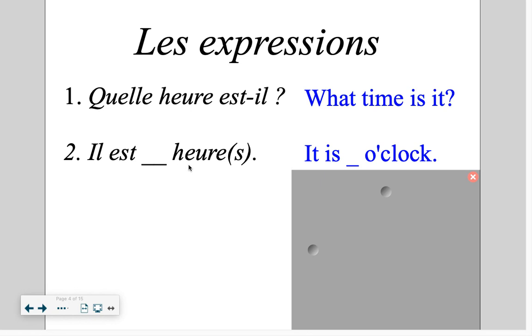Il est blank heure. It is blank o'clock. Notice there are parentheses around the S. This has to do with whether or not the time is plural or not, and we'll talk about that soon enough. So make sure you're getting this down in your notes PDF for today's assignment.